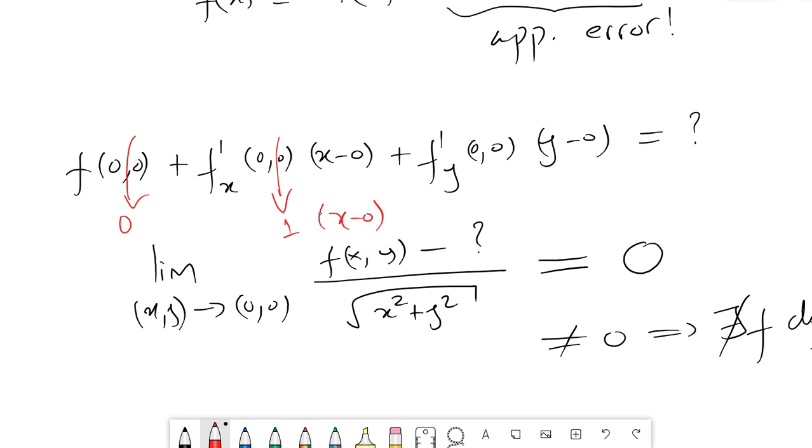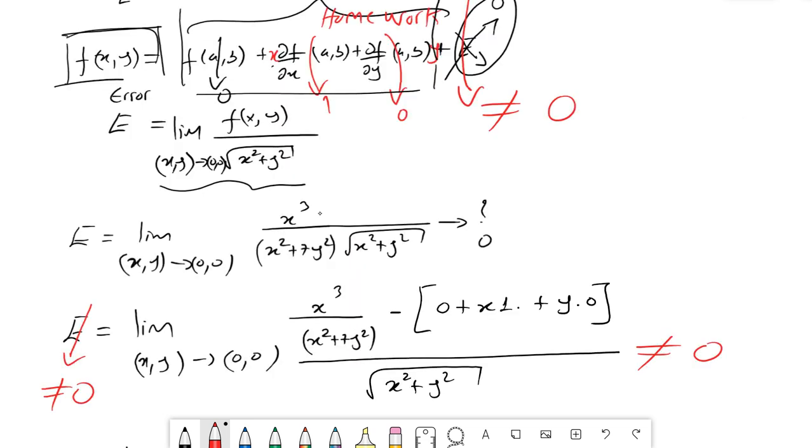This will be 0. So this will be 0 plus x, right? So this will be x. So we have to put x here. We have to calculate this limit with x here. Okay? If we get 0, the function is differentiable. If we don't get 0, the function is not differentiable. So we are going to check the error. Okay? We are going to check if we get 0 or not.